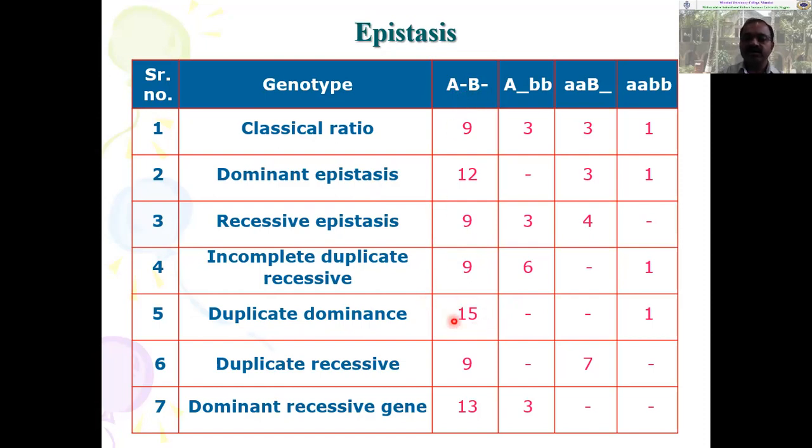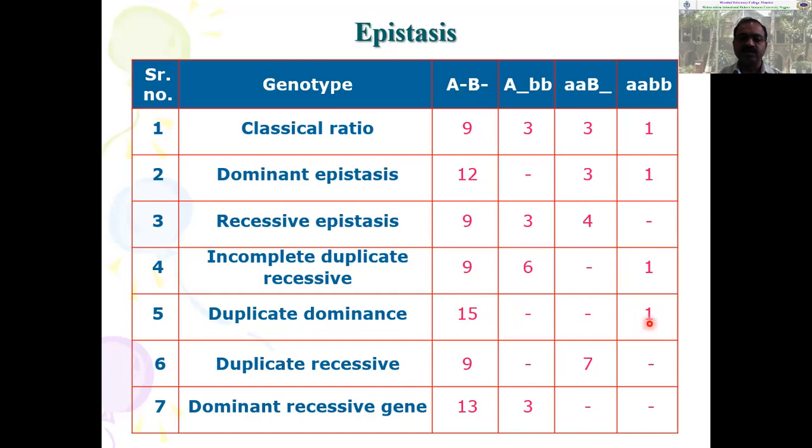So here only 2 phenotypes will be seen. Whenever both non-allelic alleles are dominant, in that case it will be the 15, while only the homozygous recessive in both pairs of alleles will be another phenotype.